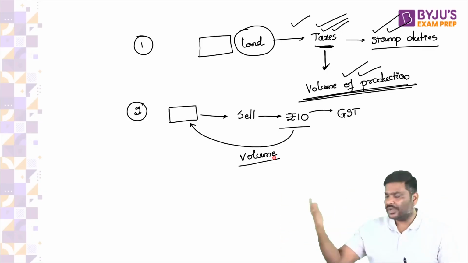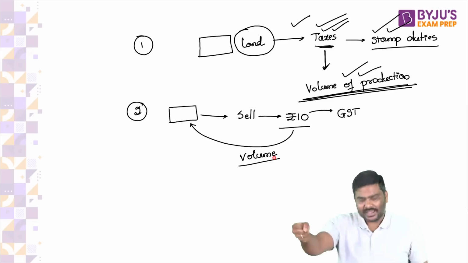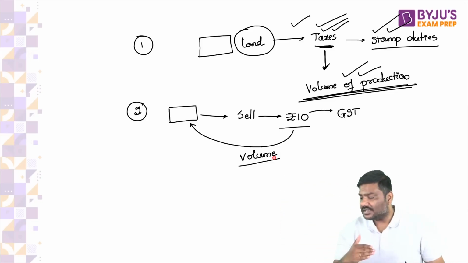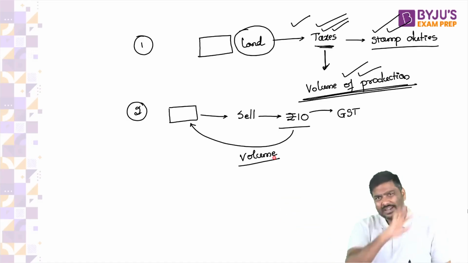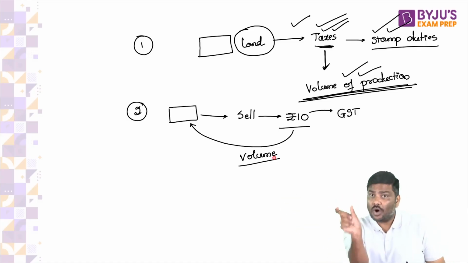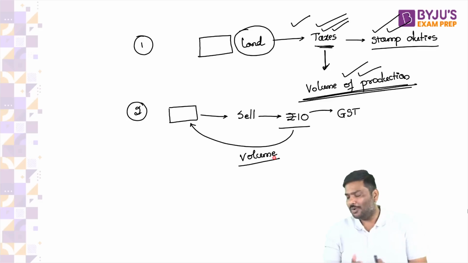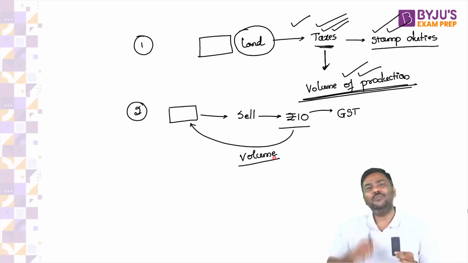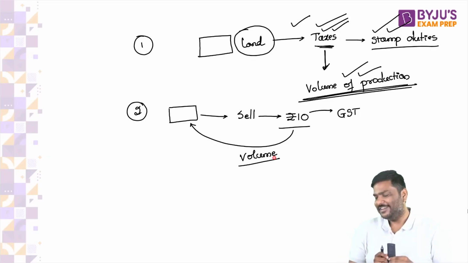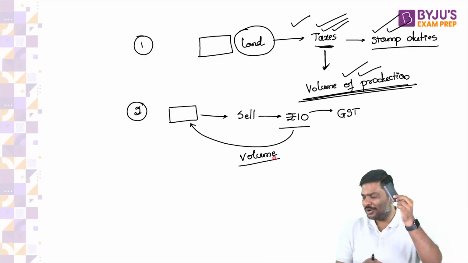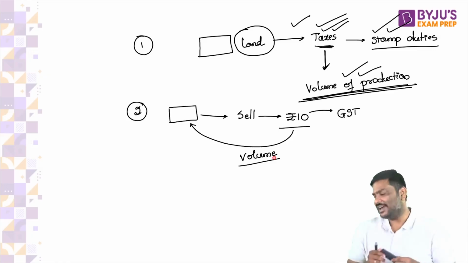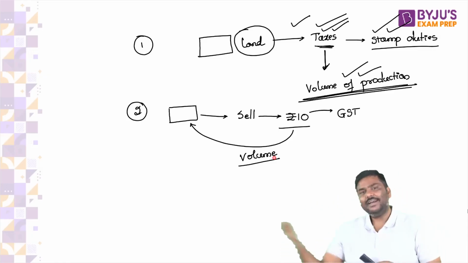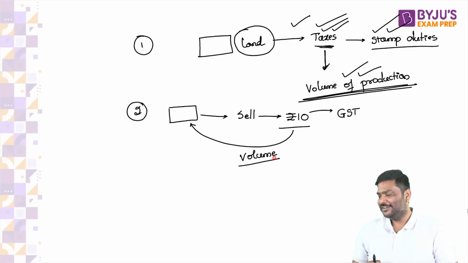Now, is the logic okay? Some of the taxes that you pay as a producer are independent of volume of production, and some of the taxes that you collect from the customer and pay are connected to the volume of production. How? You produce one remote control, sell it, how much tax will you collect? 10 rupees. You produce two remote controls, sell them, how much tax will you collect? 20.